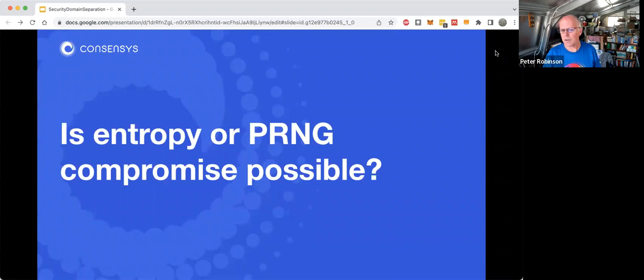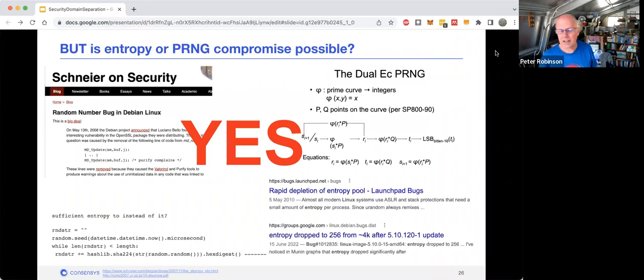That's all well and good, but is entropy or PRNG compromise actually a thing? Is it real? The answer to that is, without a shadow of a doubt, yes. The article to the left there is Schneier talking about Debian Linux. Back in about 2008, it was discovered that someone had fixed a Valgrind bug in Debian Linux, which was saying, hey, we're accessing this uninitialized area of memory.